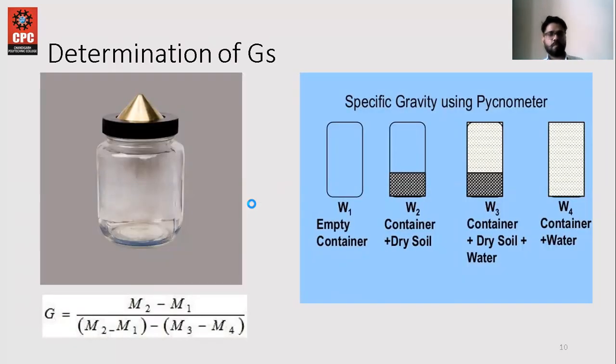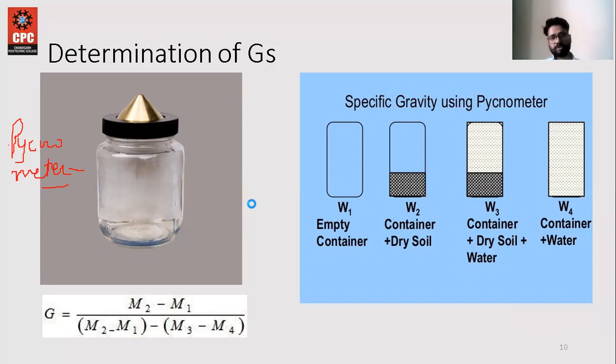So how can we determine the specific gravity in the laboratory? Well, there is a test. There is an apparatus, shown in this picture, used to determine the specific gravity, and it is known as the pycnometer. The pycnometer is used for the determination of specific gravity of soil particles.